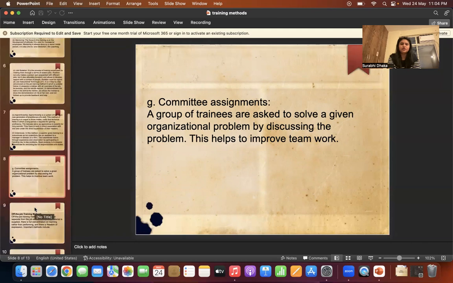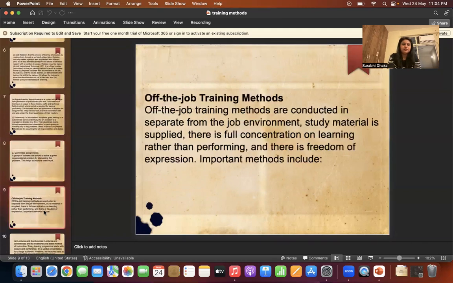Now we'll move to the second part, that is your off-the-job training method. It's just the opposite of the on-the-job training method. In off-the-job training methods, these kinds of training are conducted in a separate environment or surrounding from the job environment. Study material is supplied.